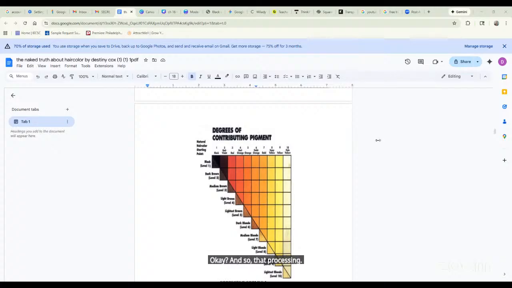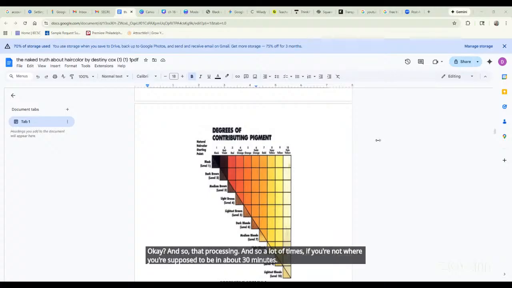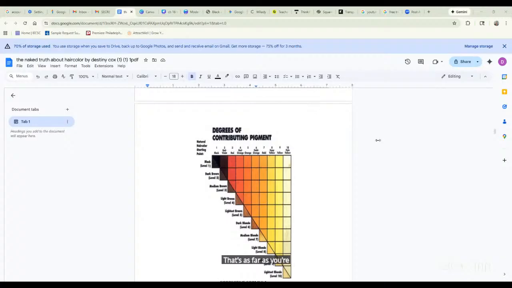And so a lot of times, if you're not where you're supposed to be in about 30 minutes, that's as far as you're going to go. You're going to have to rinse and reapply, and that falls into the double process. This does not tell you to do that. So that's that. So that was Helen. You're going to get a level 3 and put that on Helen's hair, period. That's the formula for Helen.